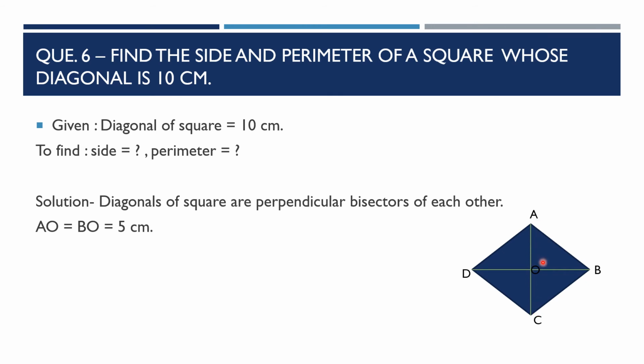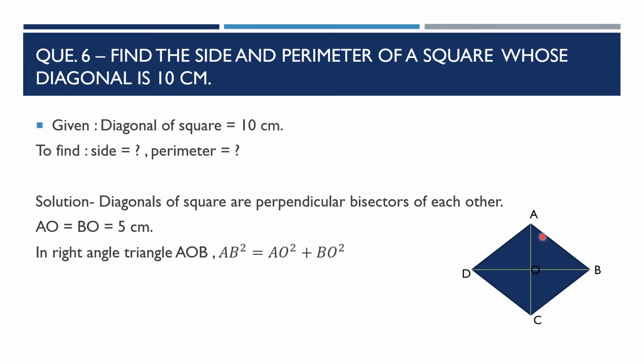Therefore AO is equal to BO is equal to half of the diagonal, is equal to 5 centimeter. Then angle AOB is a right angle, and therefore triangle AOB is a right angle triangle.